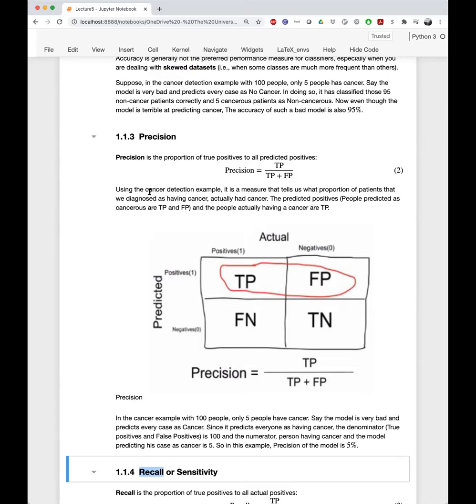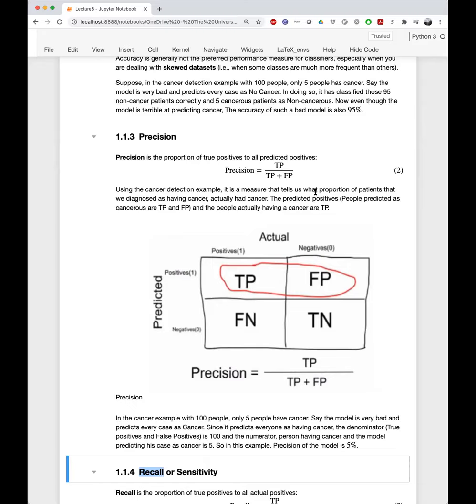We use our cancer detection example to illustrate what precision means. It tells us what proportion of patients that we diagnosed as having cancer actually had cancer. If the precision is 100%, that means, for example, you predict 40 people have cancer and they're all true positive.